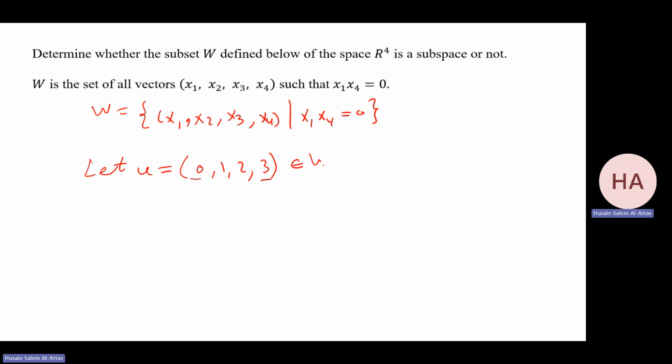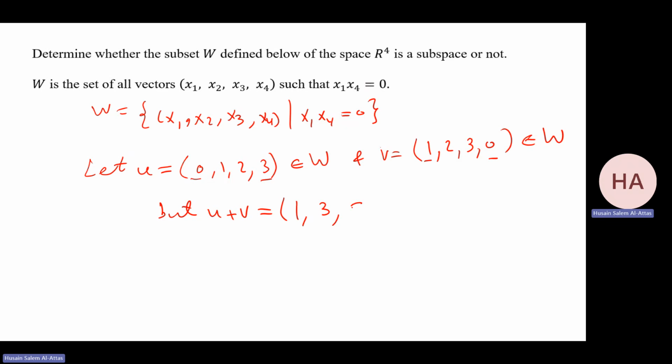So this belongs to W. And let V be 1, 2, 3, 0. So it still satisfies. This also belongs to W. But U plus V will be what? 1, 3, 5, 3.